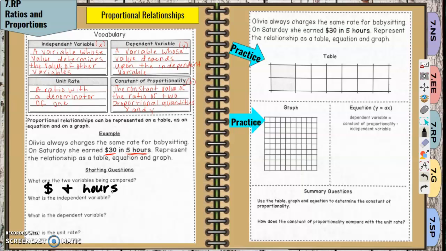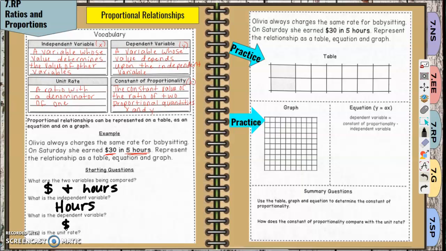You don't work the hours based on how much money your check is. Your check amount depends on how many hours you work that week if you have an hourly job. So the hours is the independent variable and the money is the dependent variable.